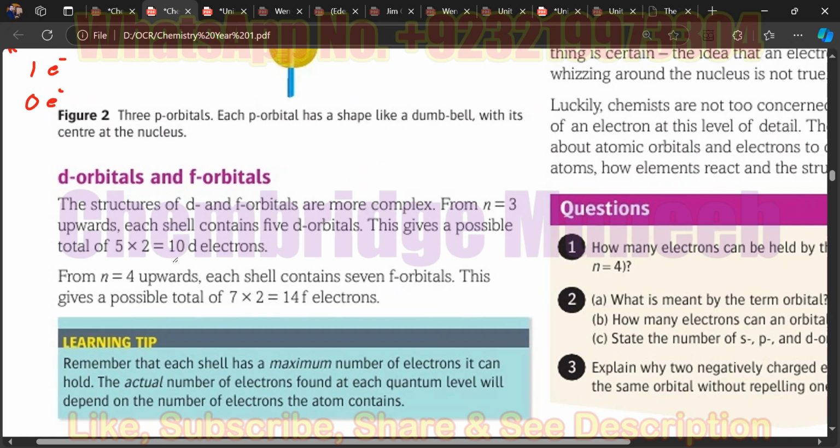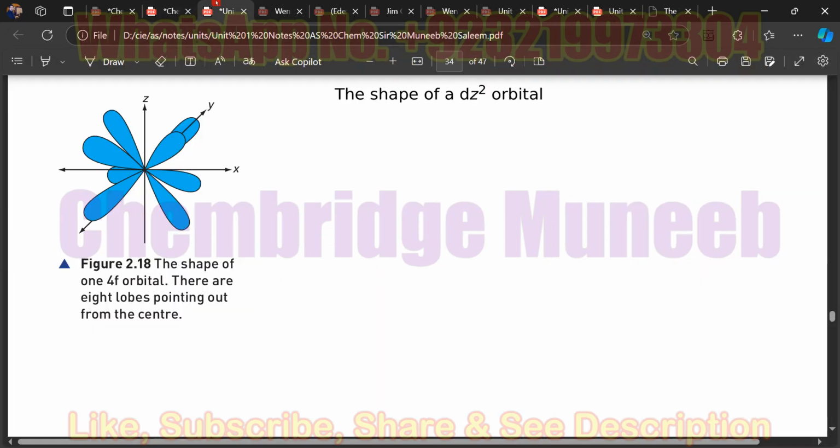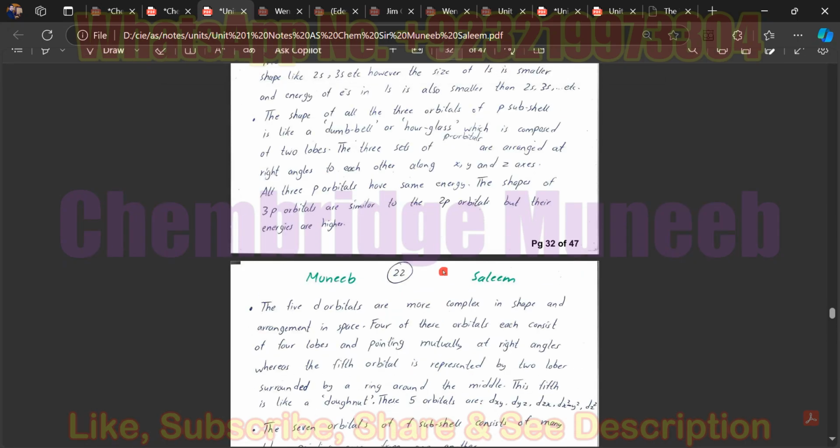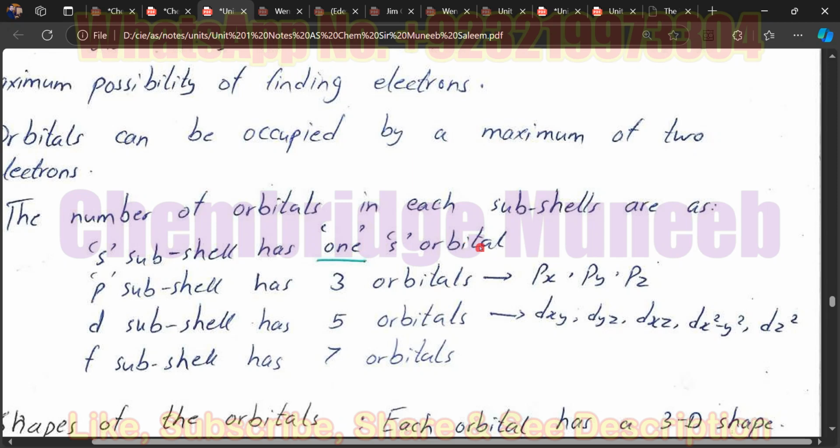Now here, how many orbitals are present in the d subshell? There are 5 orbitals of the d subshell. And how many orbitals are present in the f subshell? There are 7, which I told you before. You can see them in my notes as well. Here, the s subshell has 1 s orbital.